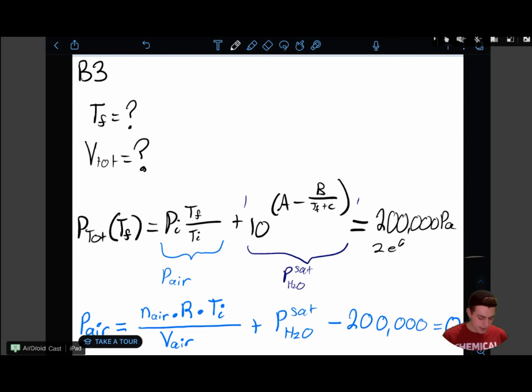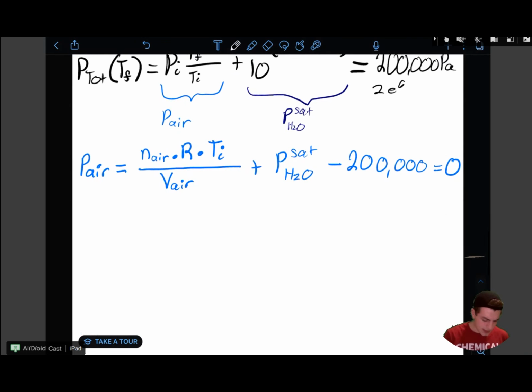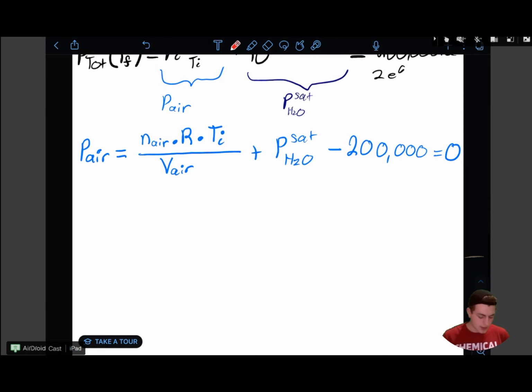I'll go ahead and do it in red here. The second equation we can write as the total volume is going to be equal to the volume of the vapor phase, and again I'm just writing that as the volume of the air, plus the volume of the water.